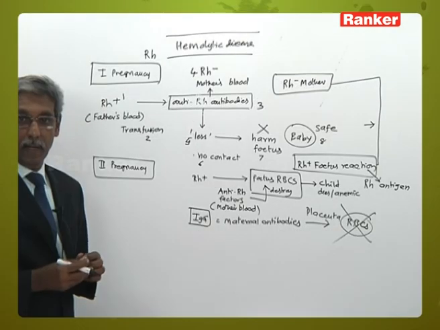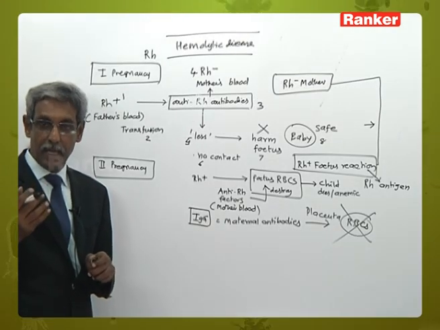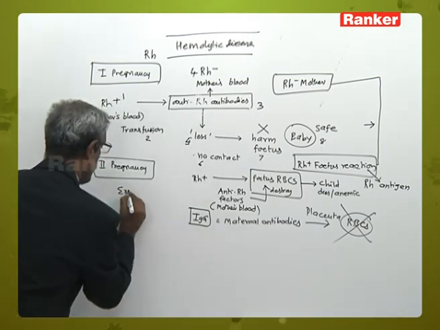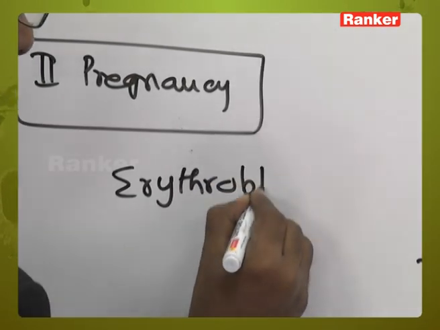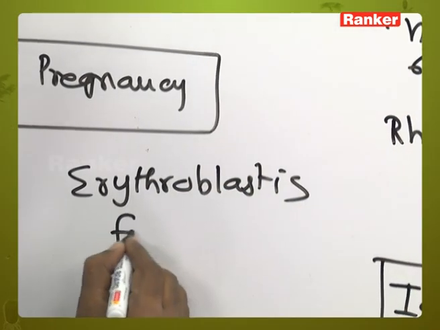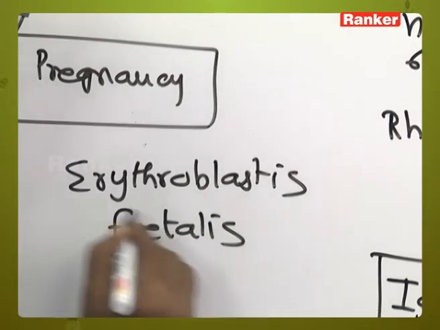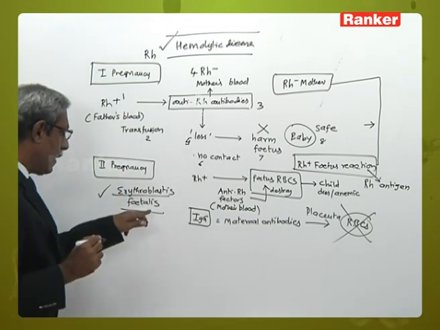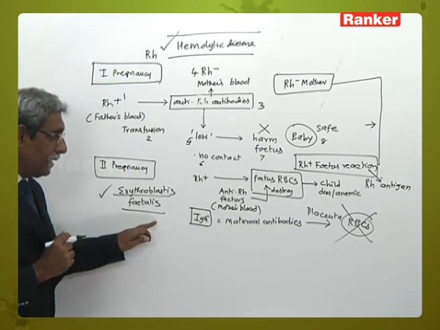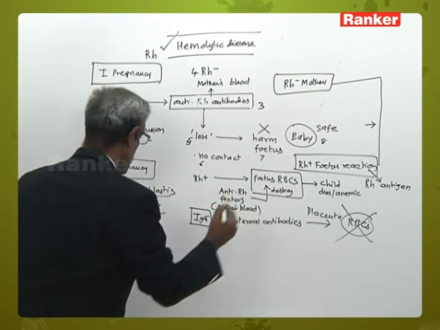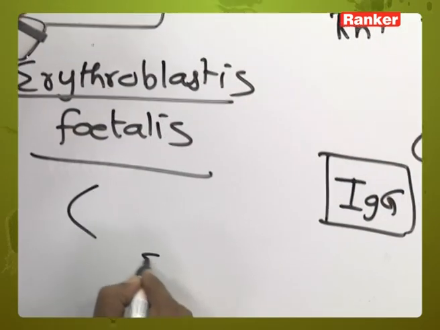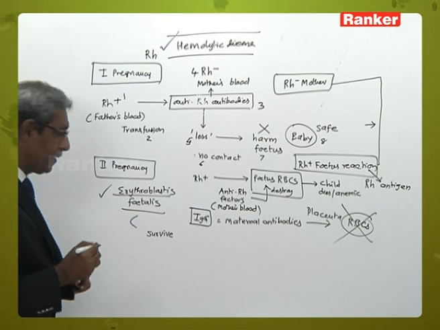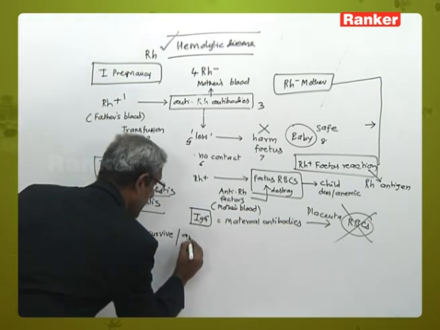The hemolytic disease is otherwise termed as erythroblastosis fetalis, wherein the newborn babies can either survive but they tend to be anemic.